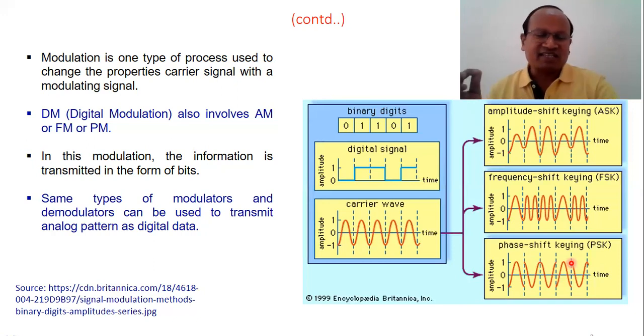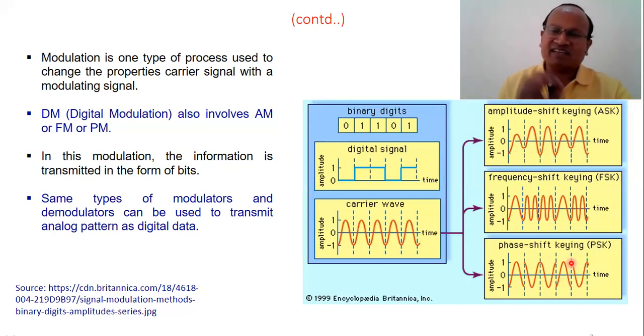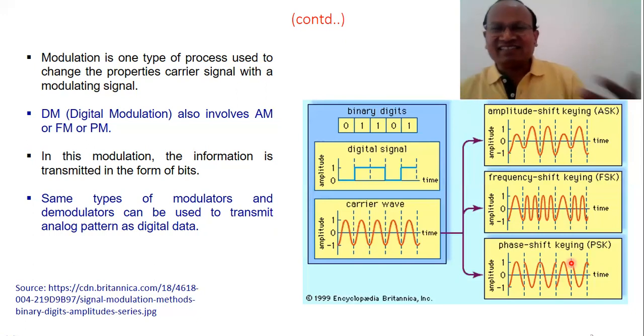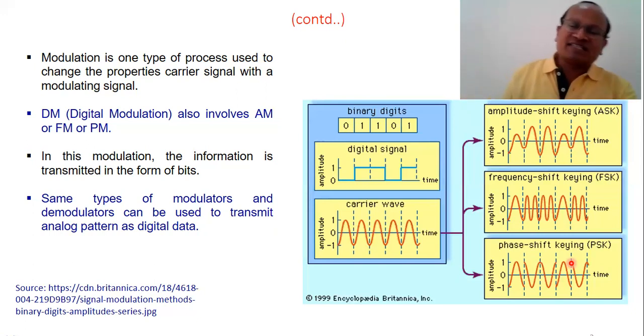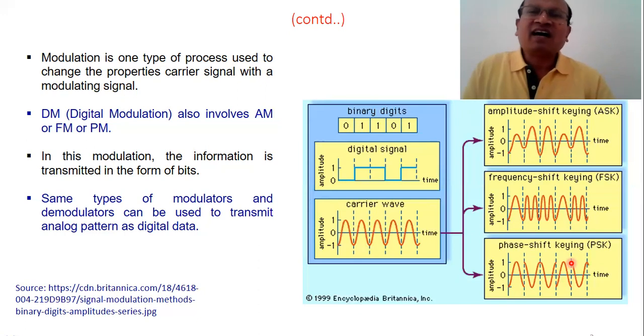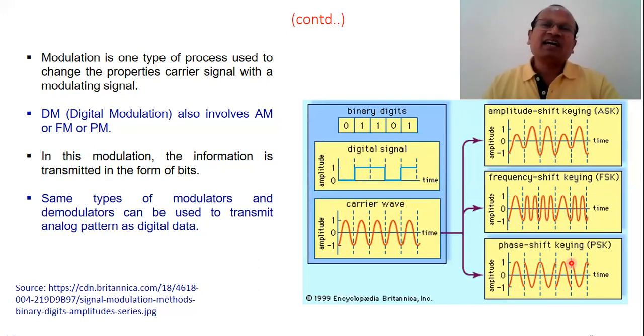The major change in digital modulation is that the message signal is now a digital signal, in the form of ones and zeros. Ones represent high and zeros represent low. So low and high will accordingly affect amplitude, frequency, and phase for ASK, FSK, and PSK, respectively.